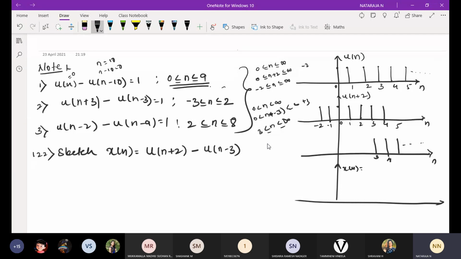X of n is equal to u of n plus 2 minus u of n minus 3. This is your u of n minus 3. I'm going to take the subtraction from minus 2, minus 1, 0, 1, 2, 3, 4.